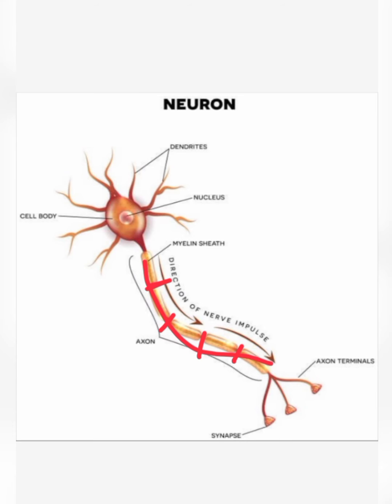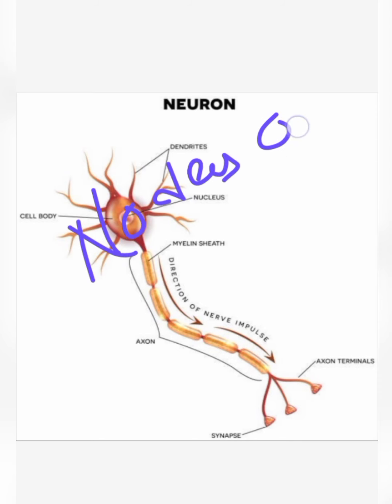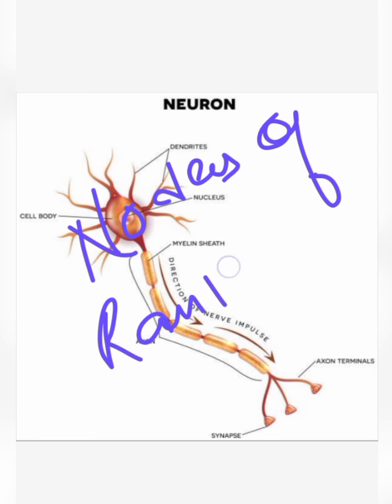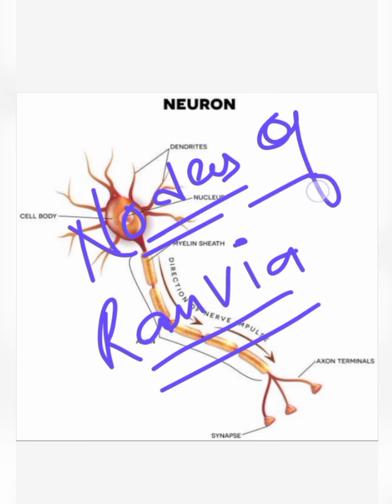Between the myelin sheath we have nodes, and these nodes are called the nodes of Ranvier. Let me write the spelling for you. Nodes of Ranvier.